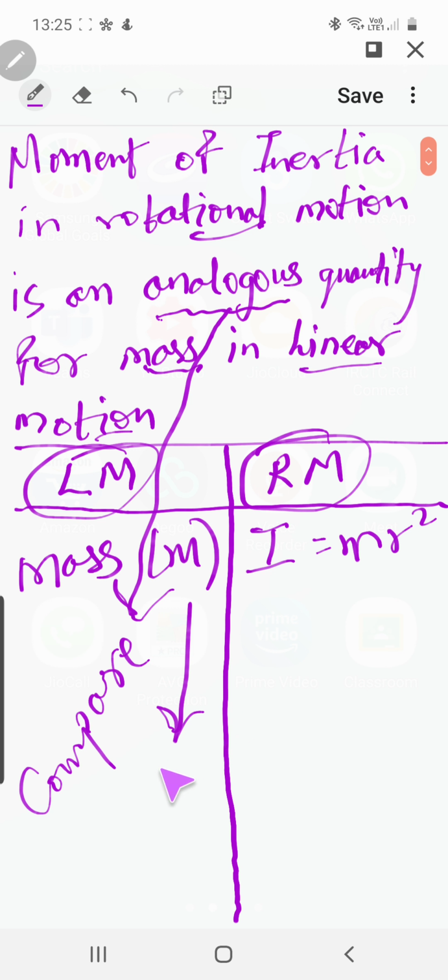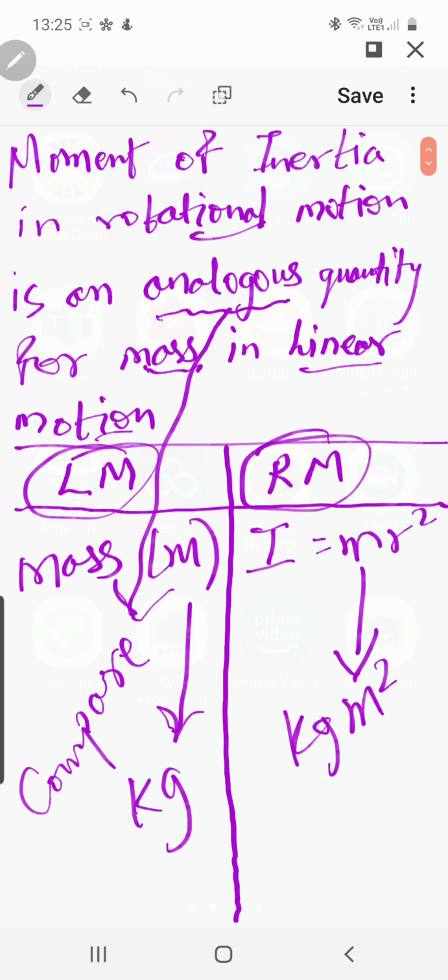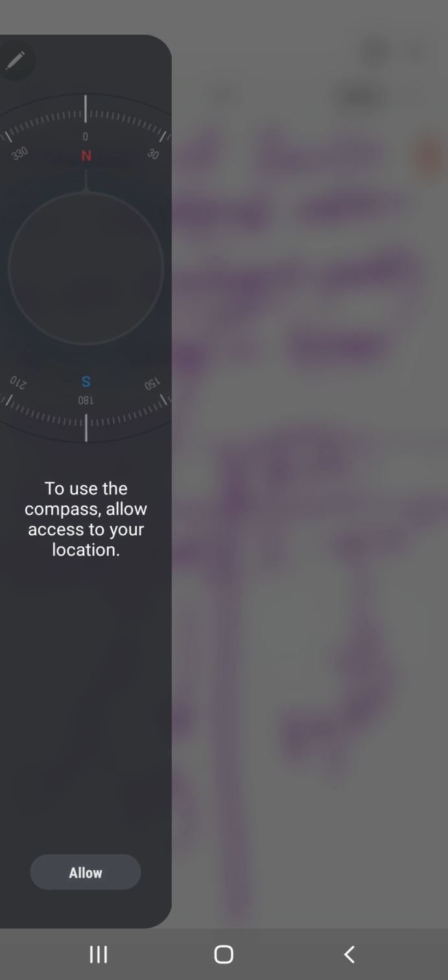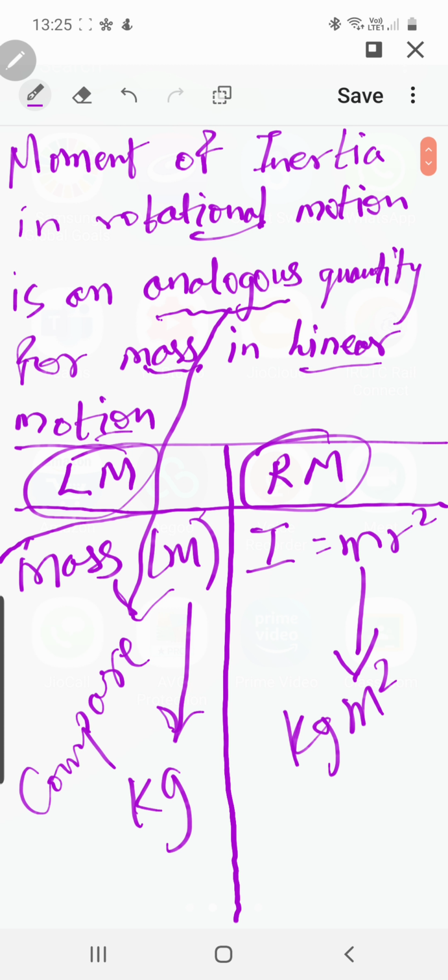The unit of mass is kg and the unit of moment of inertia is kg meter square. So we have to do the comparison: mass in linear motion corresponds to moment of inertia in rotational motion.